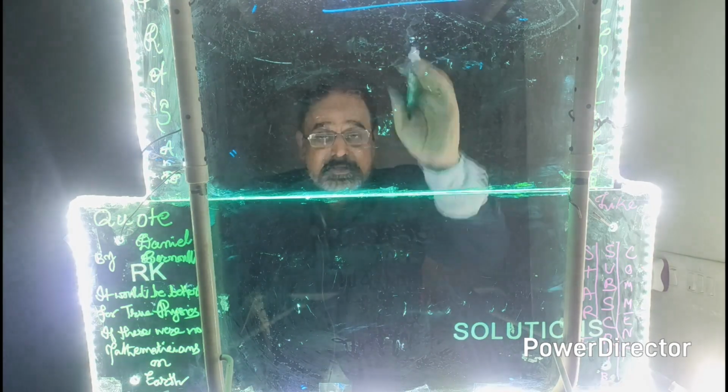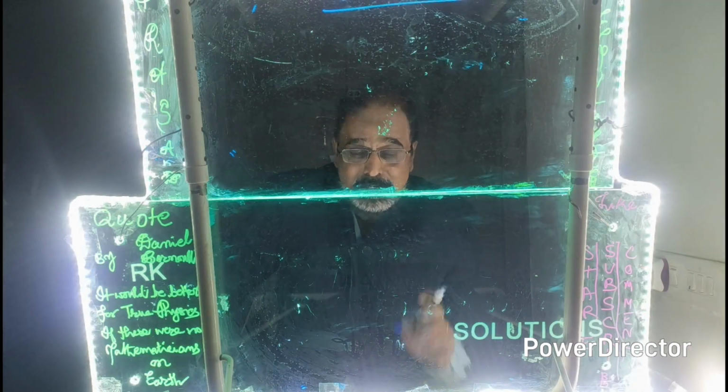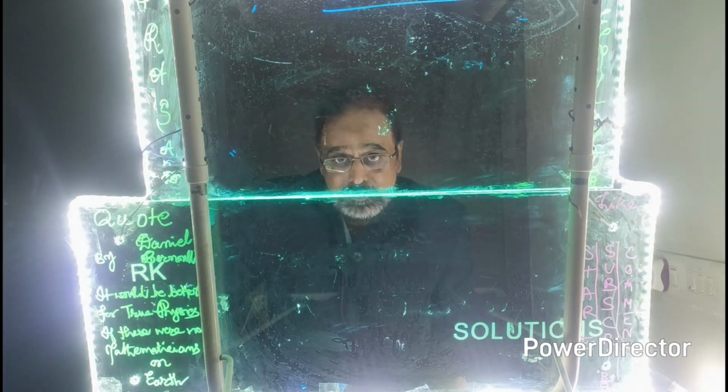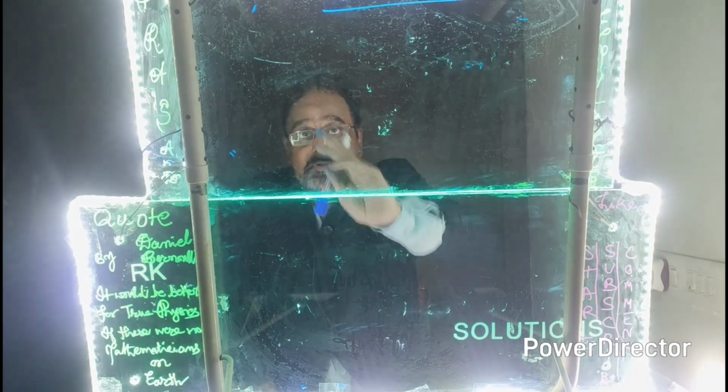If something happens once, we call it a chance, right? If the same thing happens a second time, it is half truth. It can be truth or not. But if the same thing happens a third time, then it is definitely true.